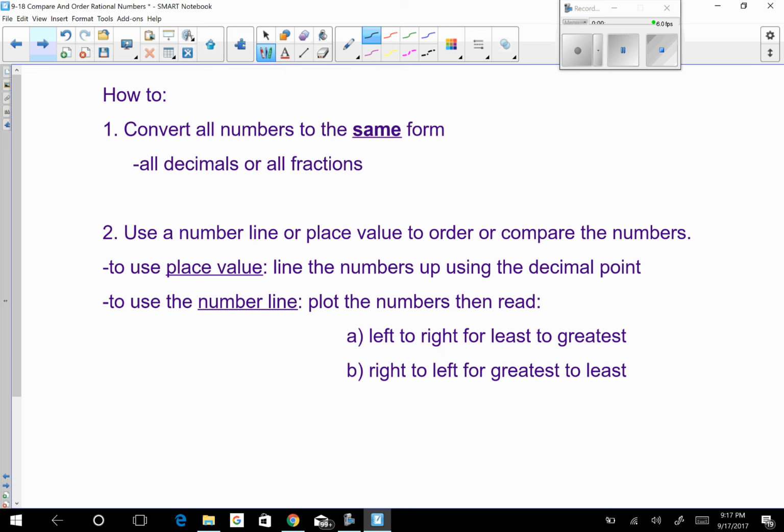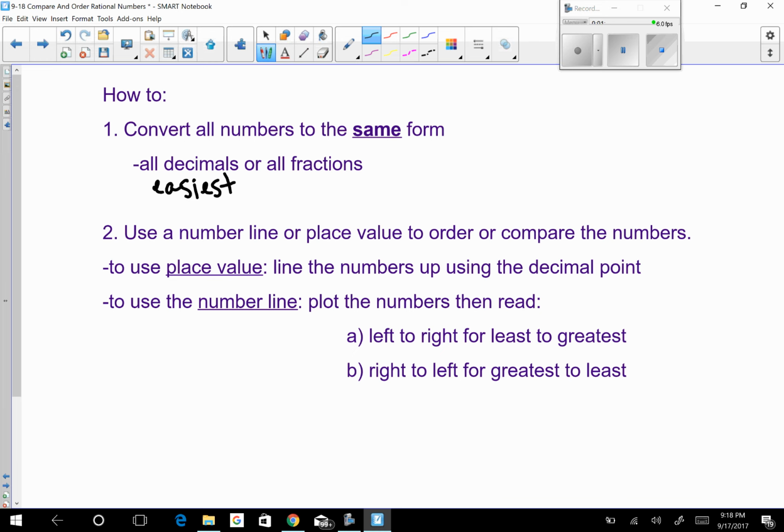All right, here's our steps. So how to. Step 1, you're going to convert all numbers to the same form. You're going to convert them all to decimals or all to fractions. Decimals is going to be the easiest.